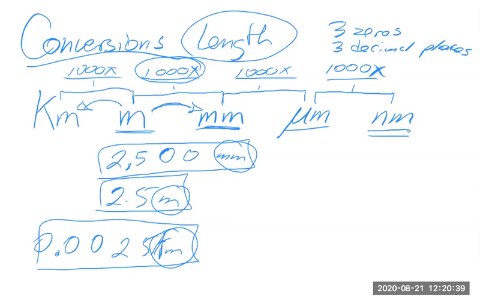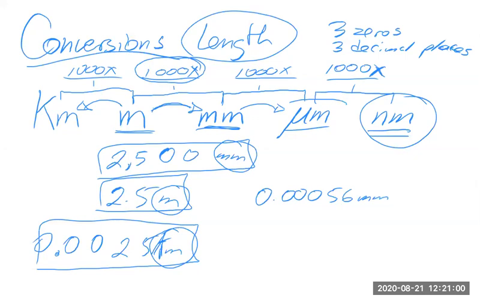Let's try it again. This time, let's say that I'm giving you 0.00056 millimeters, and that I wanted you to convert that to nanometers. Whoa, so you're going to have to go 1 station, another station.